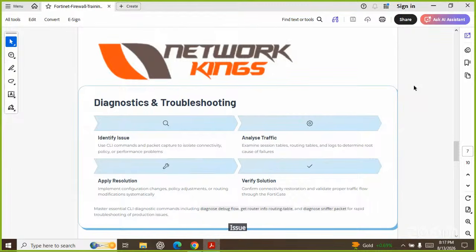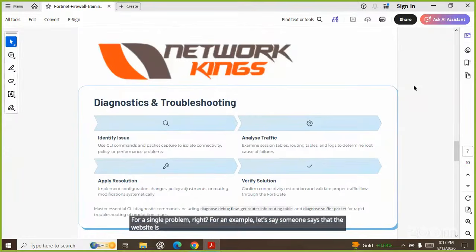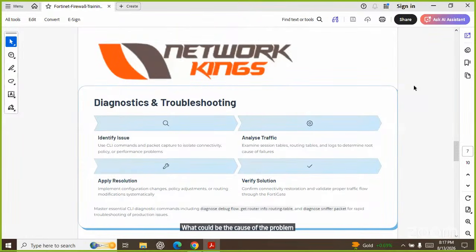You can see multiple reasons for a single problem, right? For example, let's say someone says that the website is loading slow. What could be the cause of the problem? Maybe a delay in the DNS resolution.